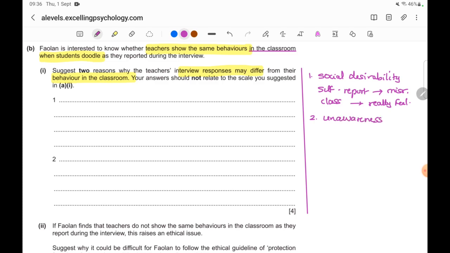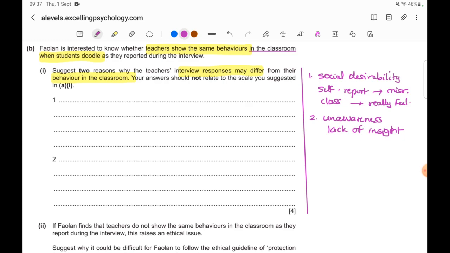When we report some things on self-report, we are being honest on our part, but we don't realize that: lack of realization or lack of insight, we could say. We don't realize how we tend to behave really. So it might be the case with these teachers also. They might feel they're very forgiving of students who are doodling, or it does not bother them if they're doodling. But in reality, their disturbance might be very visible on their face, which they are not realizing. So that could be one reason.